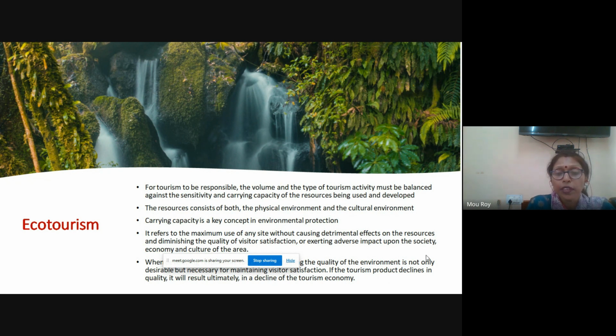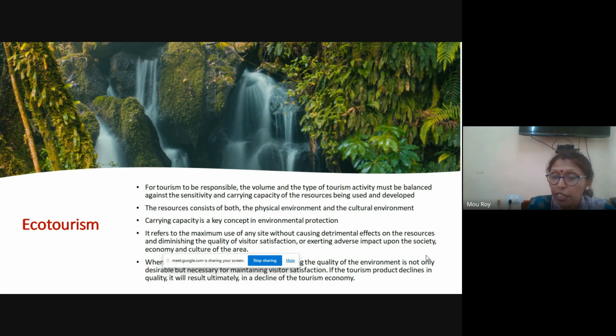So it is always necessary that whenever a visitor or a tourist visits a certain destination, you have to ensure that he is satisfied. So you have to maintain that satisfaction level. But what is the tourism product? The destination is the tourism product. The lodgings, the restaurants, the food outlets, those are the tourism products.